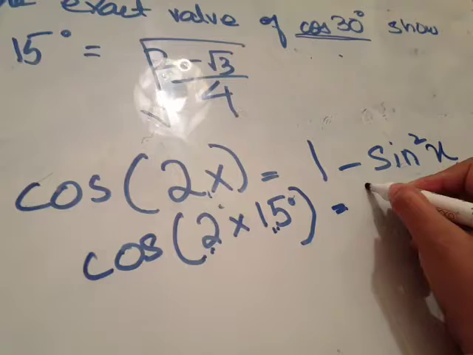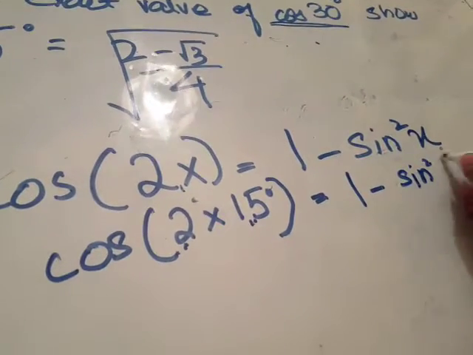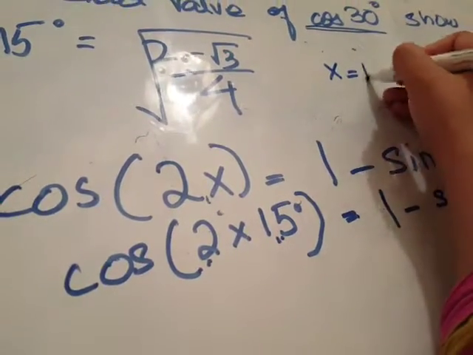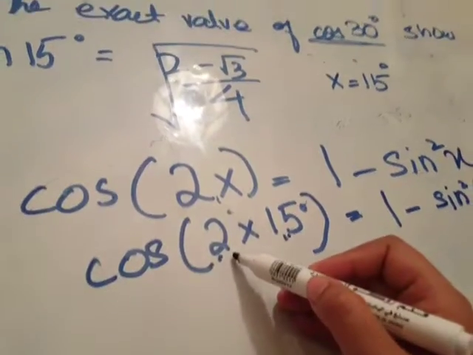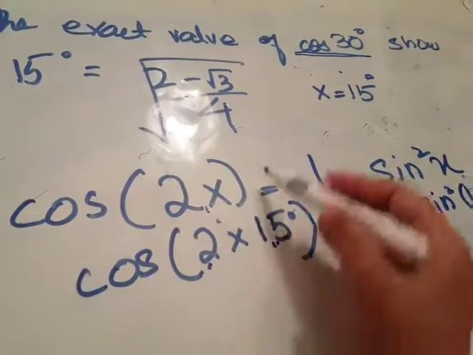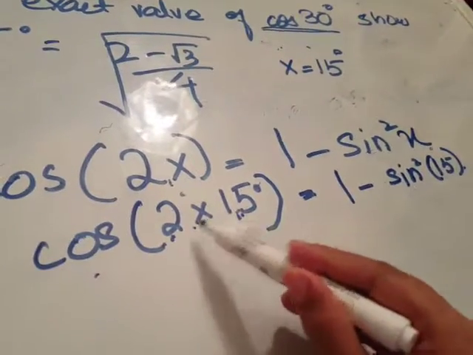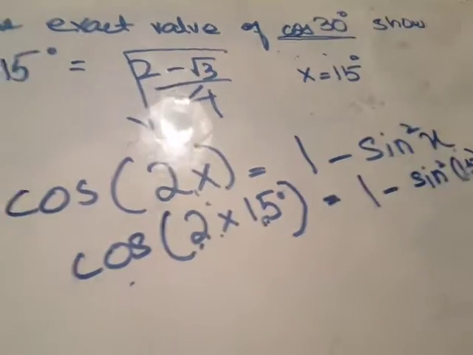I'm just saying that my x is 15. My sine squared 15. If I put x equal to 15 degrees in this equation, can I write that, because it was the cos of 30 value I can use? So cos of 2 multiplied by 15, which is equal to 30, is 1 minus sine squared of 15, which I need to find. Sine of 15 I need to find.